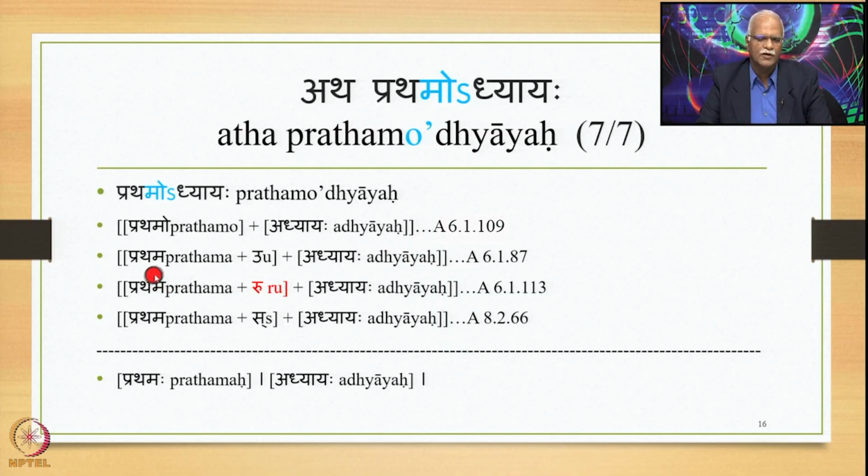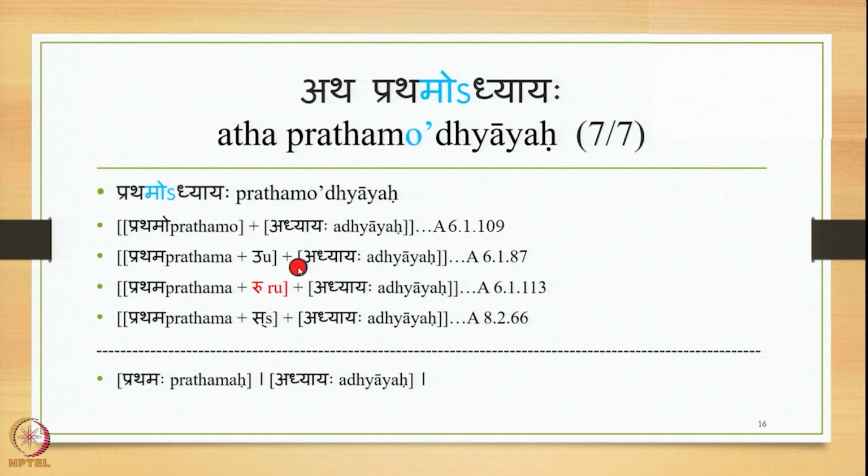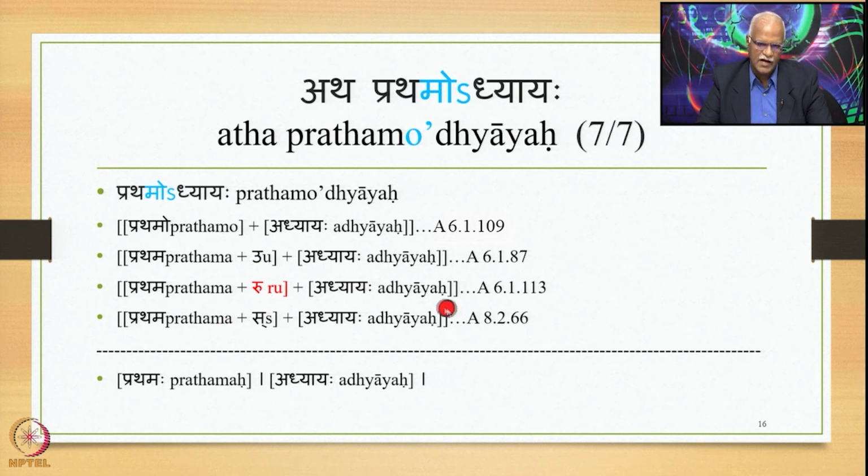Now this Prathamo is further split into Prathama plus U plus Adhyayaha. This U is a substitution in place of Ru. So the next step would be Prathama plus Ru plus Adhyayaha, and this Ru is a substitution in place of Sa. So we say Prathama plus Sa plus Adhyayaha.